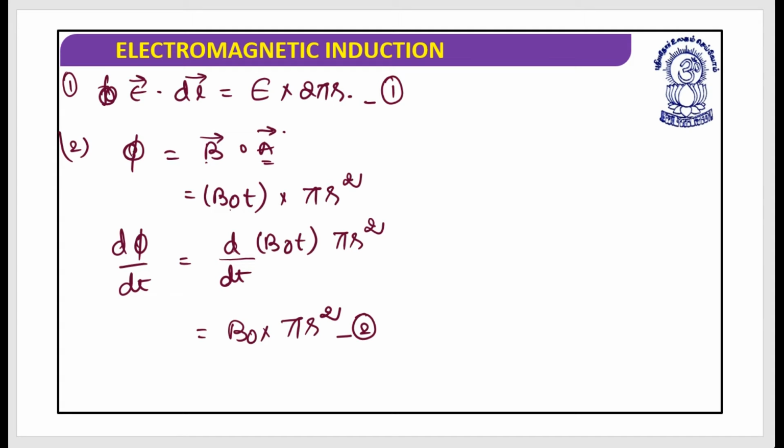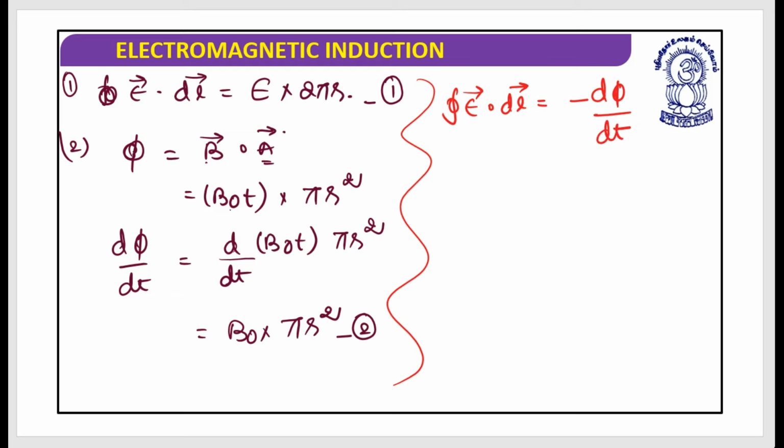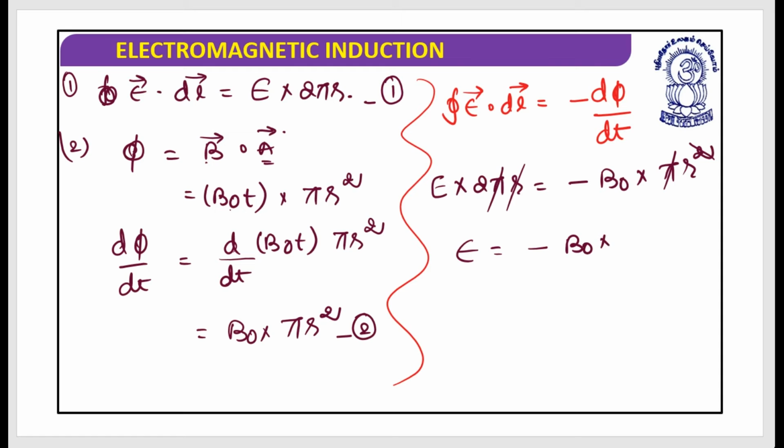The line integral of E dot dl should equal minus d phi by dt. The line integral of E dot dl is simply E multiplied by 2 pi r, which equals minus B naught multiplied by pi r squared. The pi and one r cancel, so I am left with E equals minus B naught r divided by 2.